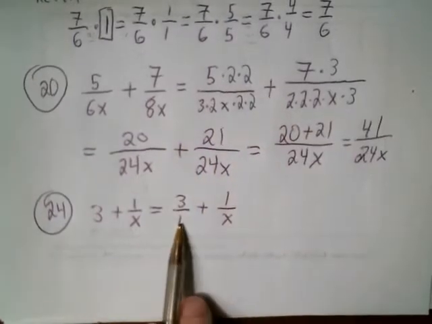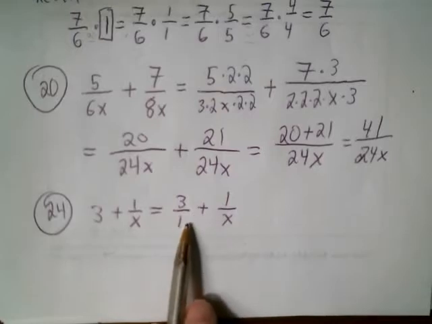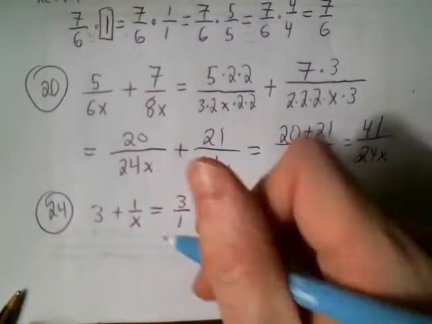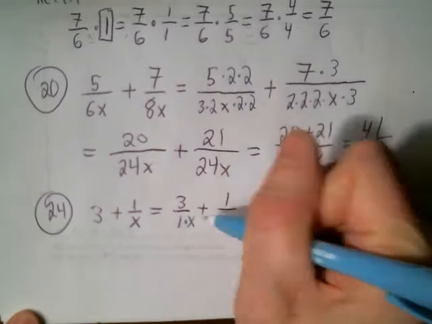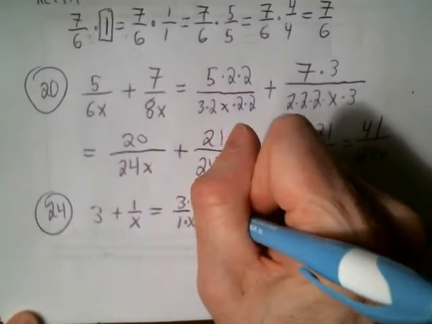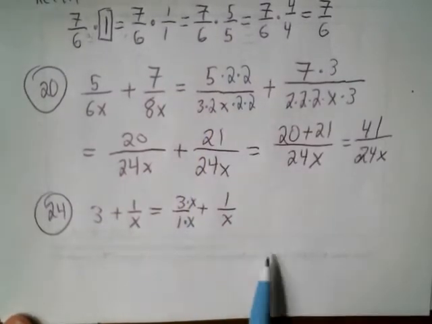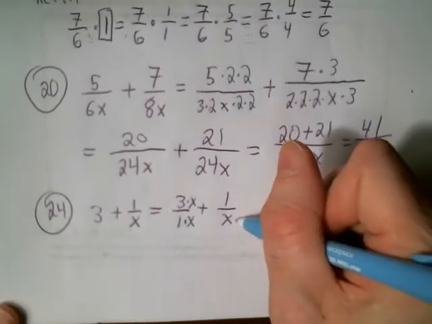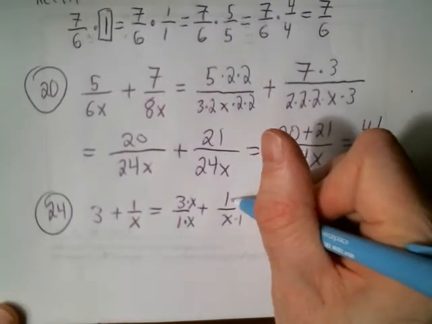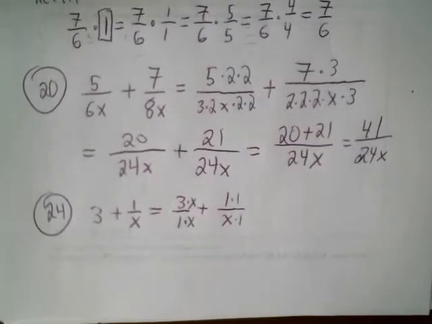So now to have the same denominators, I need to multiply in over here by an x. It's missing an x. You may say, well, this is missing a 1, but no, not really. We can always assume there's a 1 sitting there. It's not going to change anything, right?